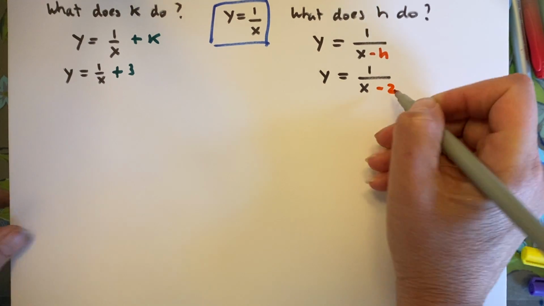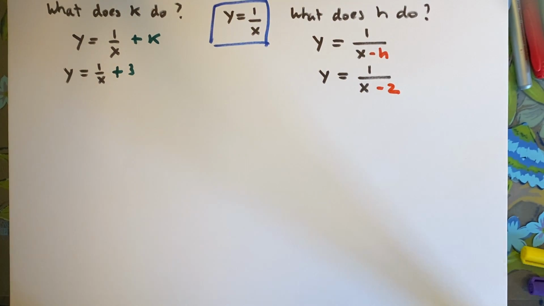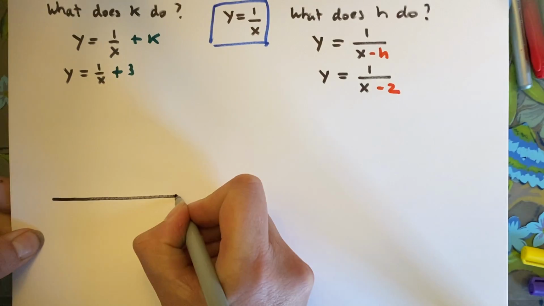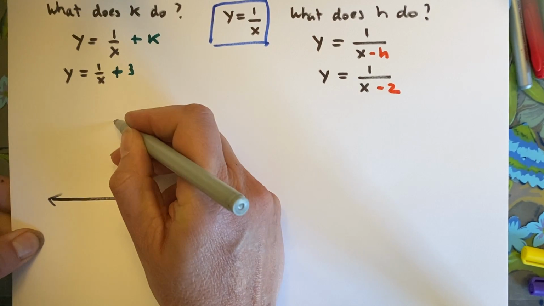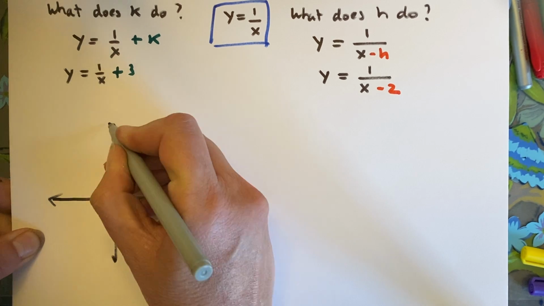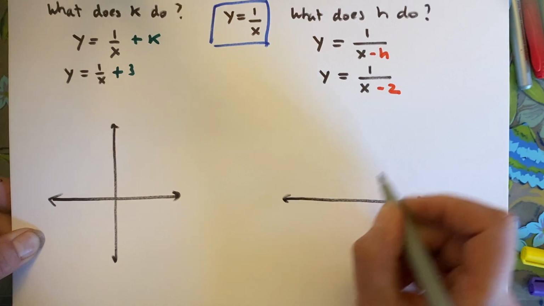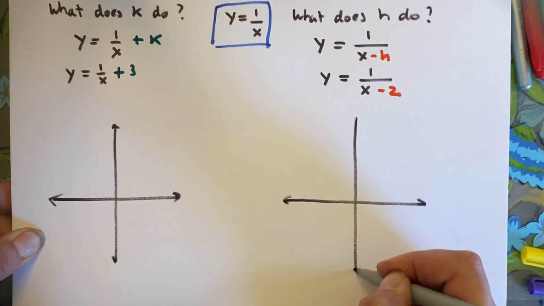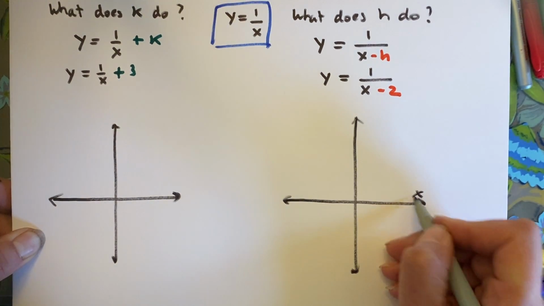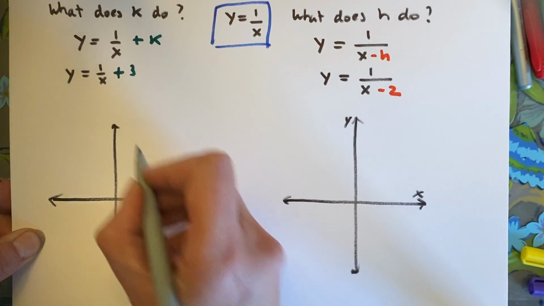So what we're going to do is draw our parent function in 2 coordinate systems. So I'm going to draw 1 over here, and 1 over here. x and y, and x and y.